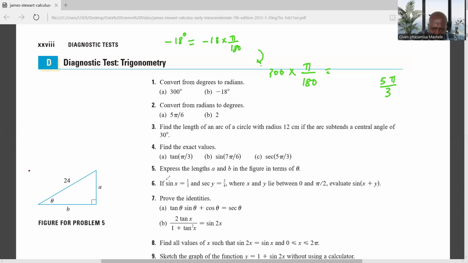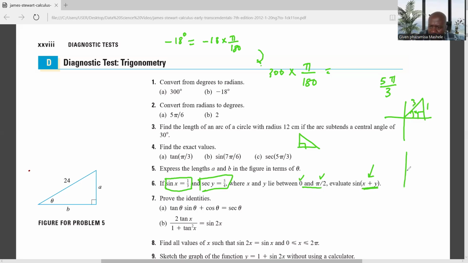If they say sine x is 1 over 3, and sec y is 5 over 4, and x plus y is between 0 and 90, then evaluate this. This requires a compound angle, but you must draw your right-angled triangles, because the set is from 0 to 90, so all your angles should be in the first quadrant. You can start with the one of x: opposite is 1, hypotenuse is 3, then you want to get the adjacent.